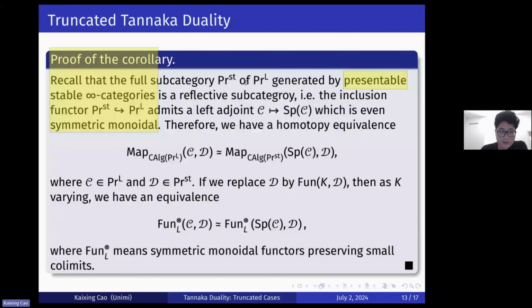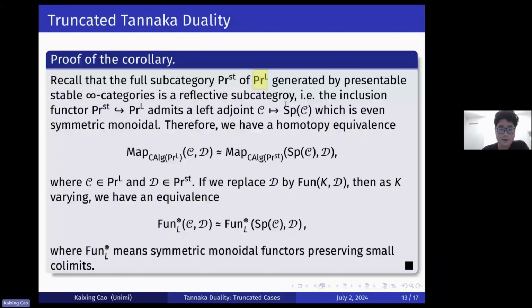And in Lurie's higher category theory, we know this category is a reflective subcategory of this one. It means that the inclusion functor admits a left adjoint, which we refer to as the stabilization functor.